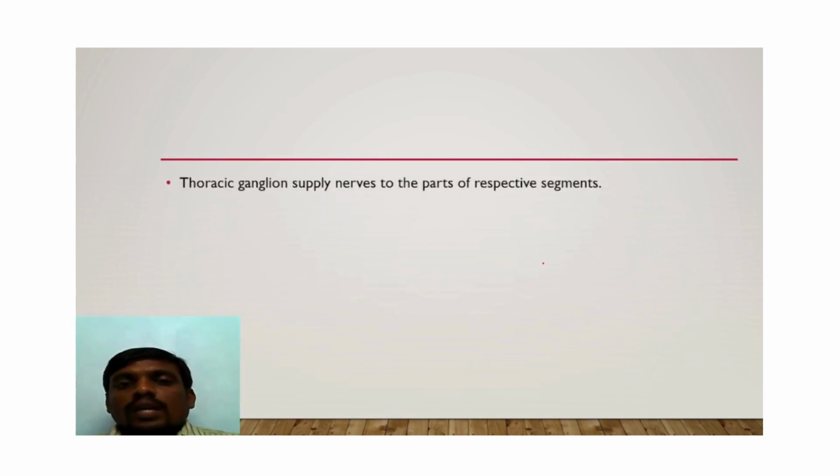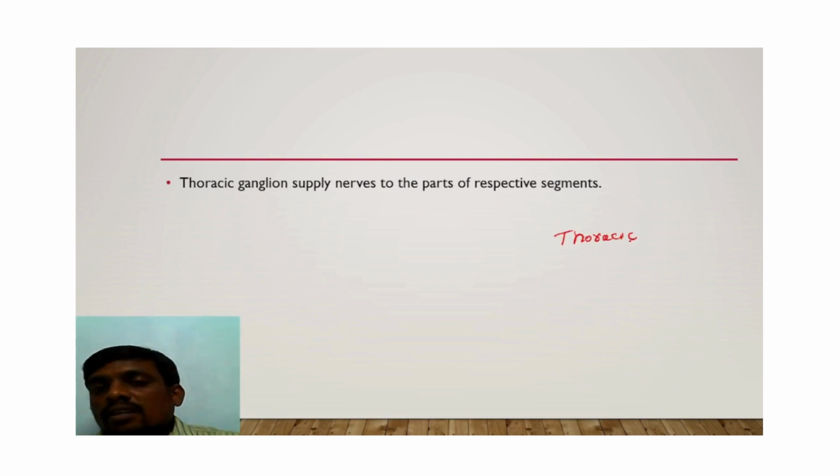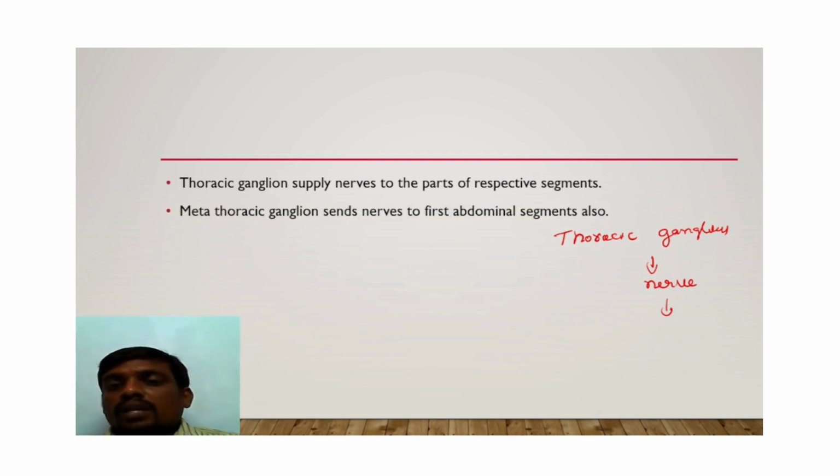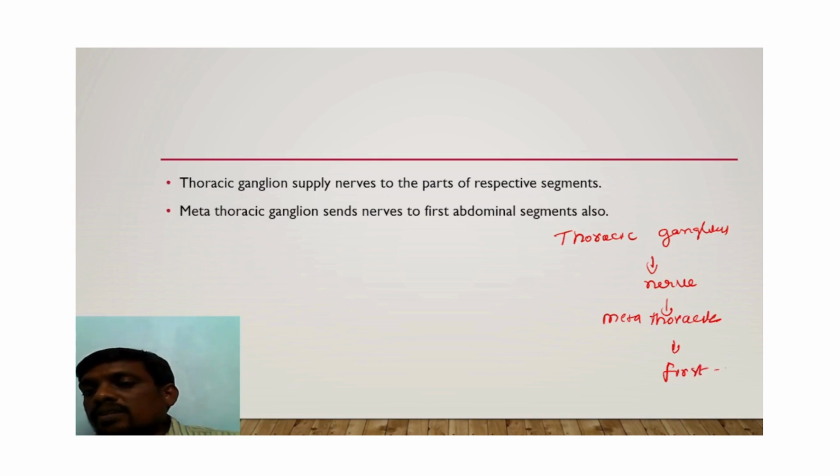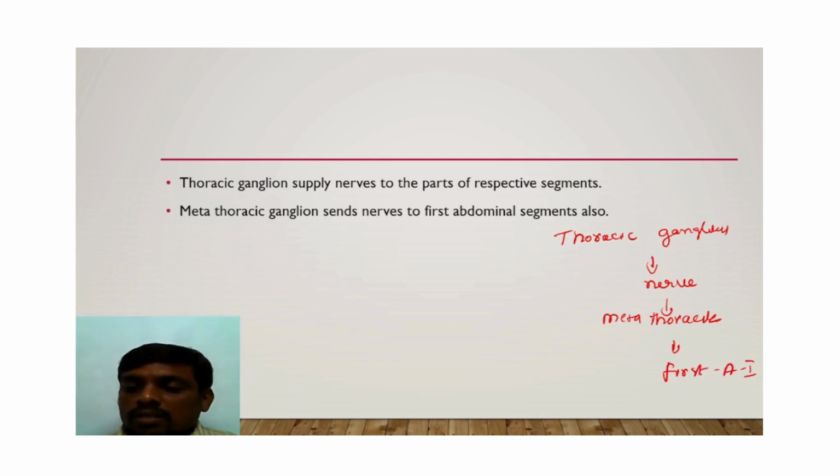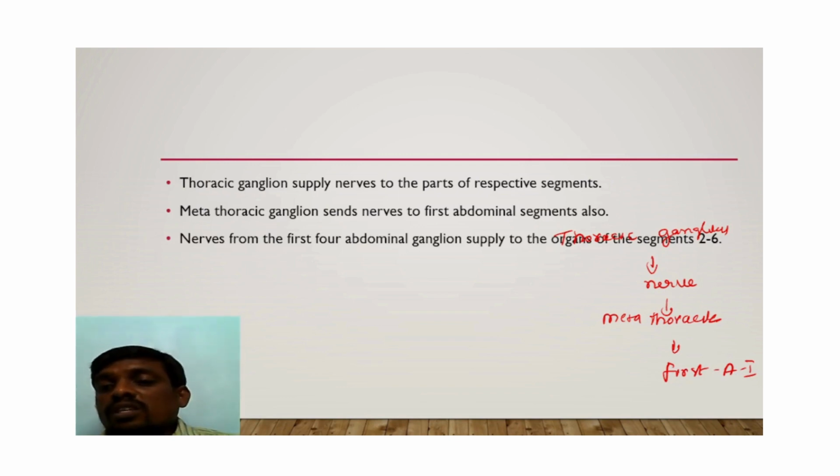Now, the thoracic ganglia supply nerves to the parts of their respective segments. The metathoracic ganglion sends nerves to the first abdominal segment, so the organs present in the first abdominal segment receive nerves from the metathoracic ganglion.